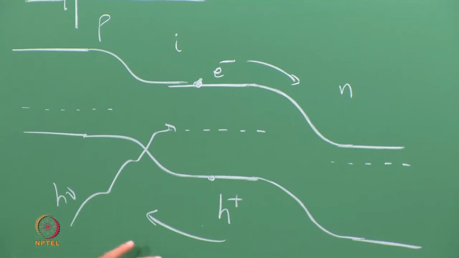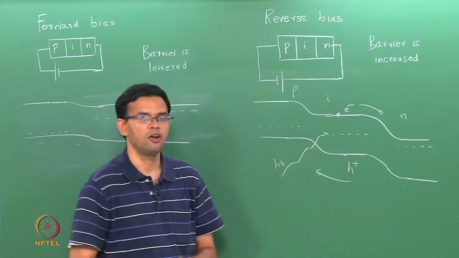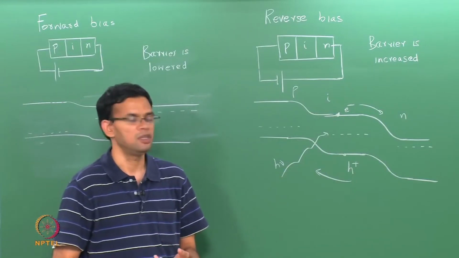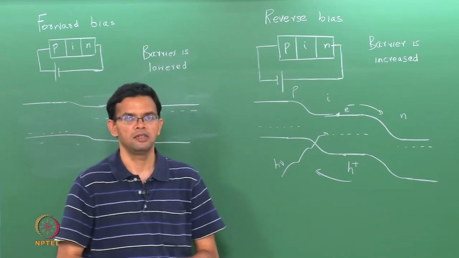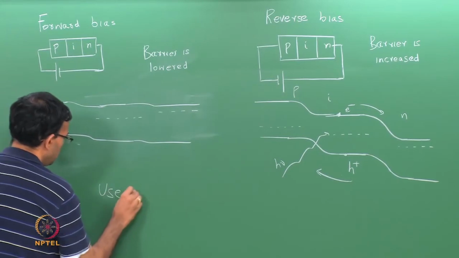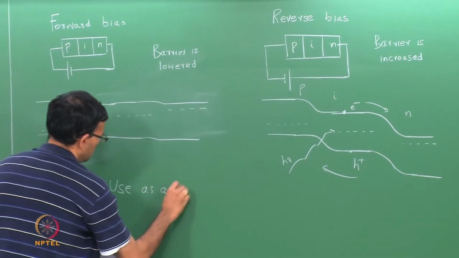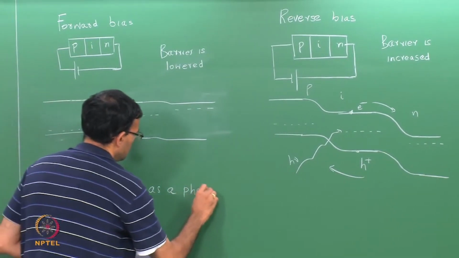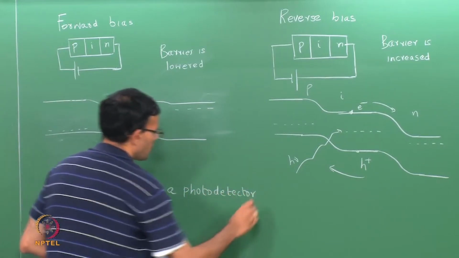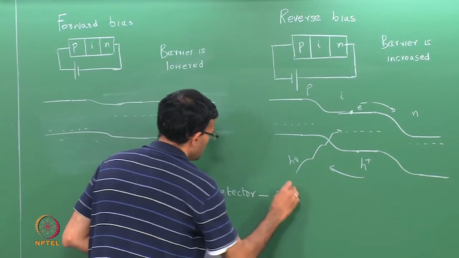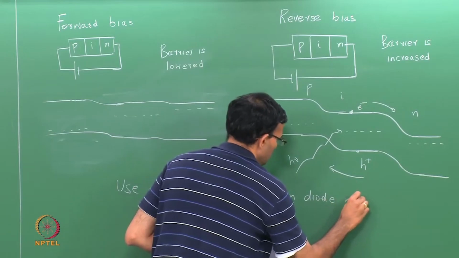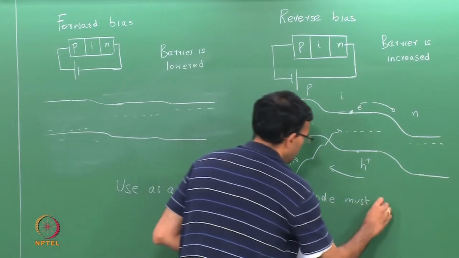The current once again is proportional to the number of electrons and holes that are generated, which is directly proportional to the intensity of the light that is falling. So for use as a photodetector, the PIN junction or the PIN diode must be connected in reverse bias.